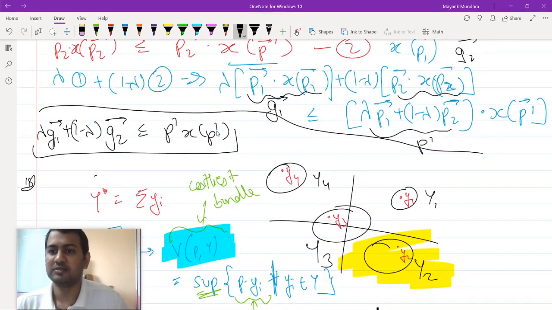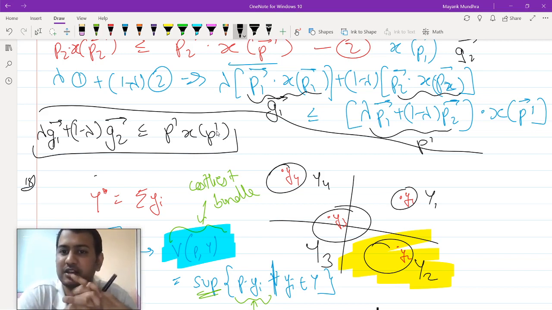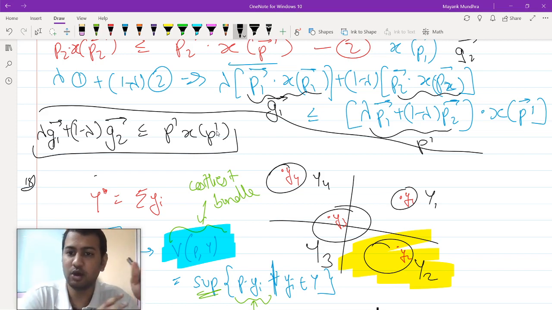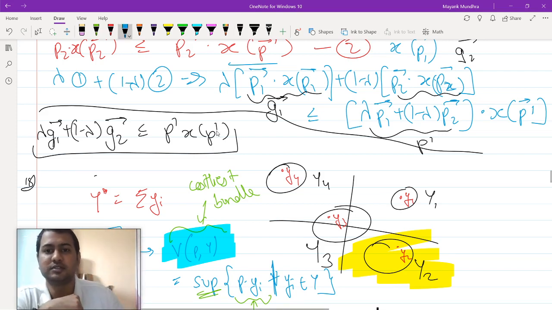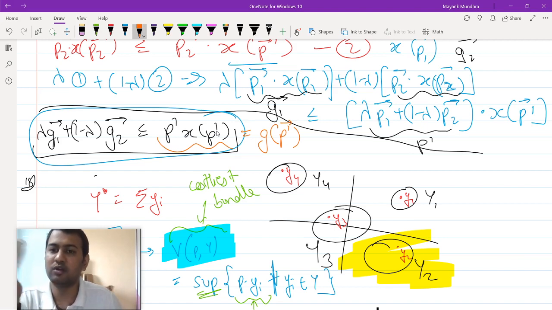So I'm saying that the convex combination of functional values is less than or equal to the functional value at the convex combination. This is basically your g of p prime vector. So the convex combination of g at p1 and g at p2 is less than or equal to g at p prime. So this implies that the function g is concave.